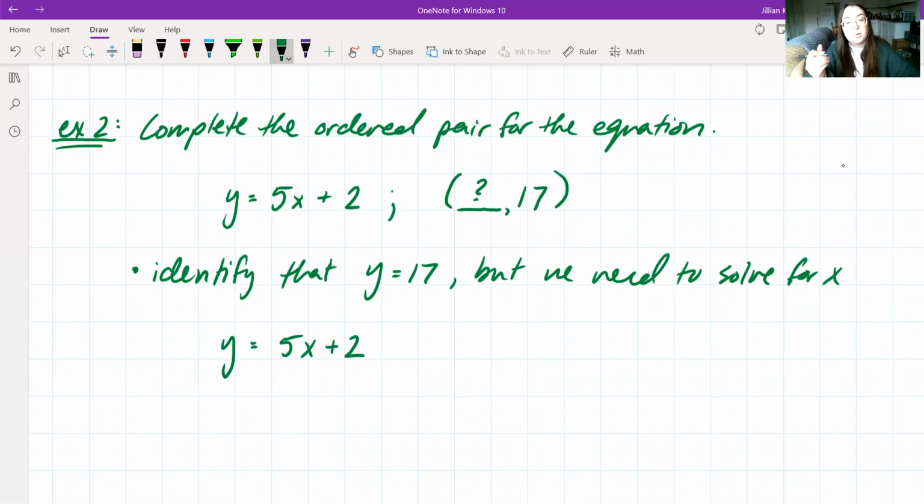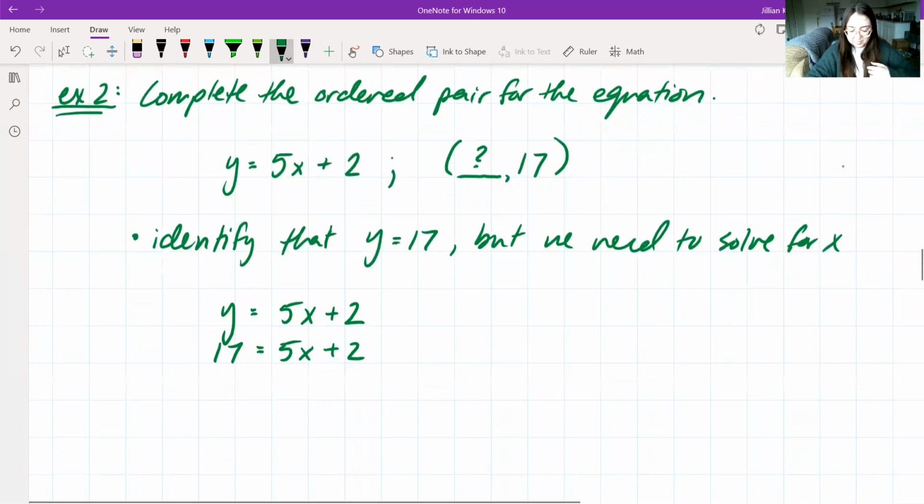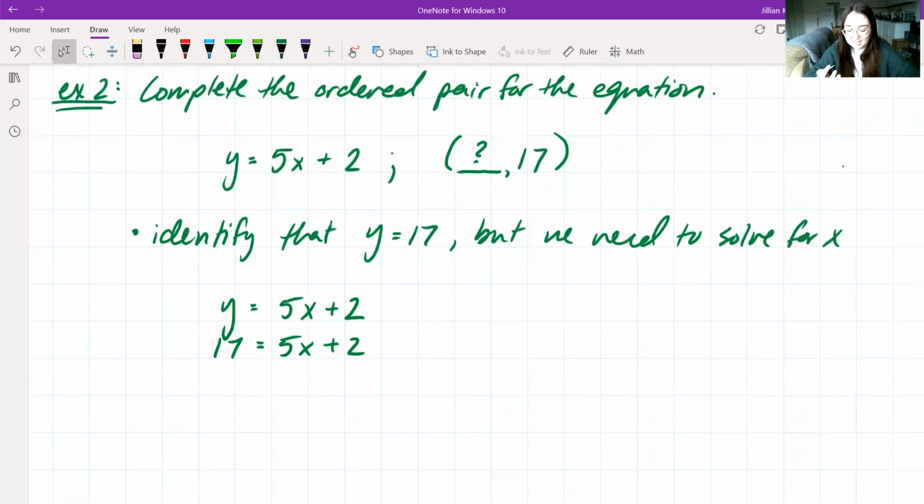Plugging in y is equal to 17, now we have 17 is equal to 5x plus 2, and we want to solve for x. So we can start by subtracting 2 from both sides. So we get 17 minus 2 is equal to 5x plus 2 minus 2, getting rid of that 2 there. So now we have 15 is equal to 5x.